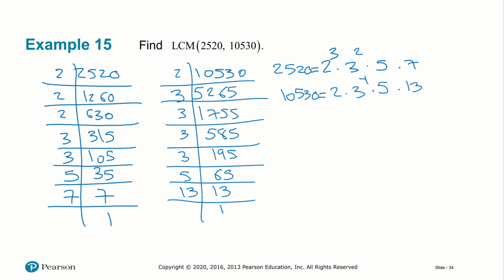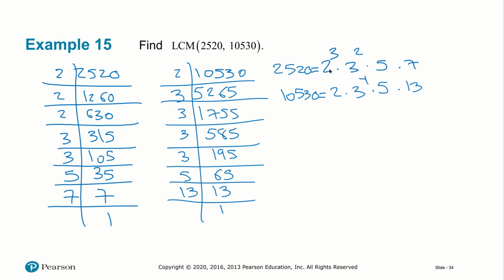All right, so when we were looking for the GCF or the GCD, we only looked for the common factors and we took the lowest power, right? But remember, this time we're looking for a number that's large enough so that both of these numbers go into it. That means it's got to be big enough to cover all these powers, right? So that means you do the opposite.